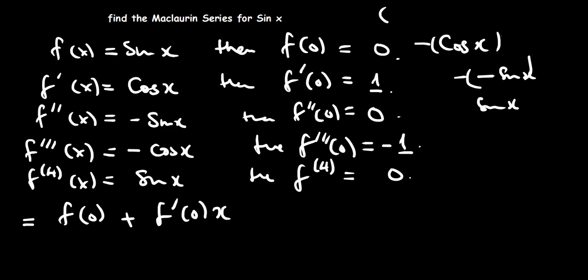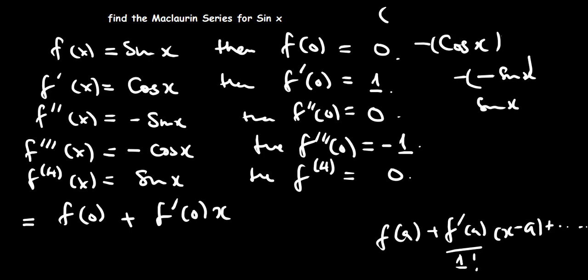Remember, a Taylor series in general looks something like f of a plus f prime of a over 1 factorial, then x minus a, and this continues all the way up to infinity.